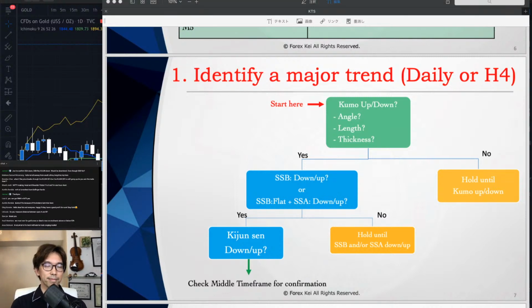So it's the combination of Senkou Span A, B and Kijun-sen angles. This is a little recap on how to capture the trend in bigger time frames.